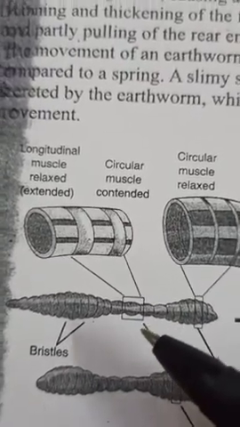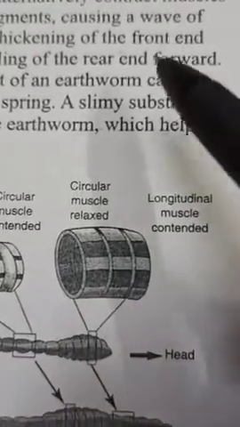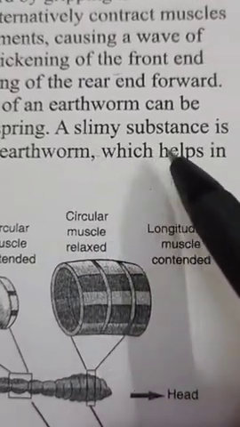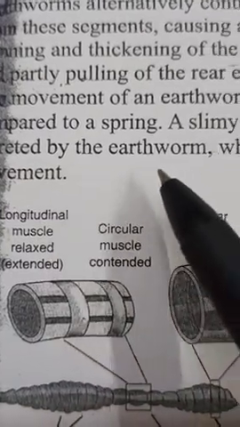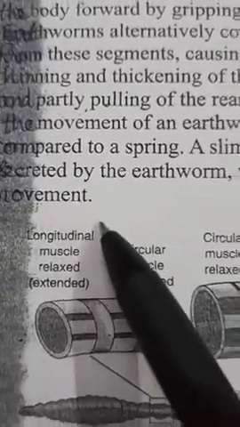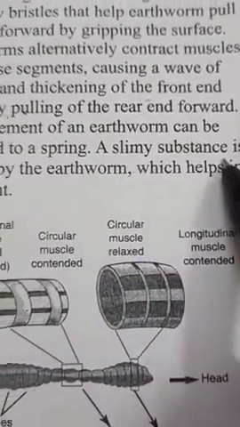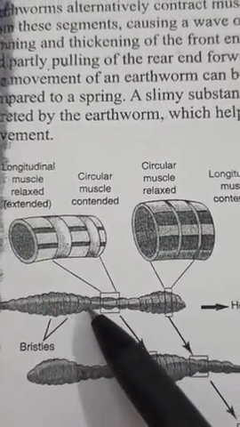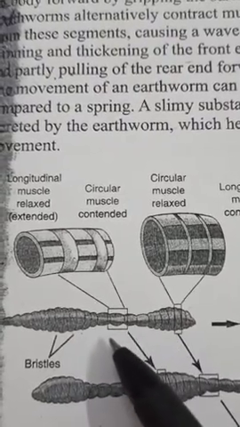Okay, and what is the third thing? That is mentioned in the last sentence. A slimy substance is secreted by the earthworm which helps in movement. Slimy substance means sticky kind of substance and watery kind of fluid, and that is also secreted from the earthworm's body.